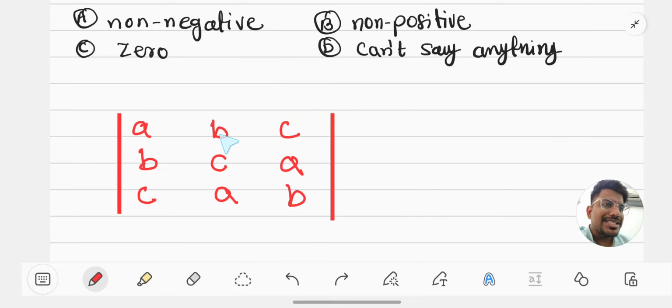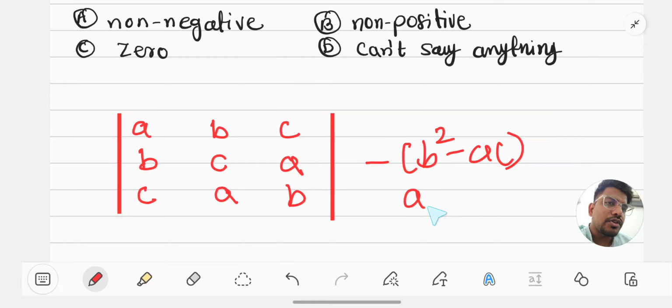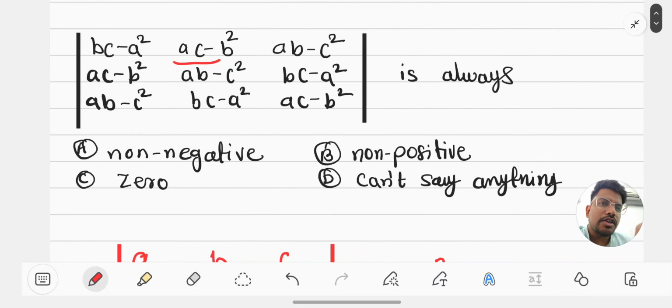Now if you check out the second element, which is B, obviously the first element has plus, then minus, then plus. Such a sign scheme is there for cofactors. So for the second element, it will be B square minus AC but with a minus sign. So that will be minus of B square minus AC, which would be AC minus B square. Do we see AC minus B square?